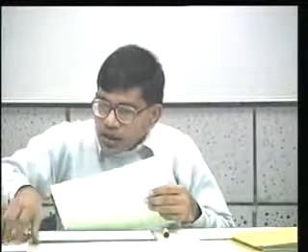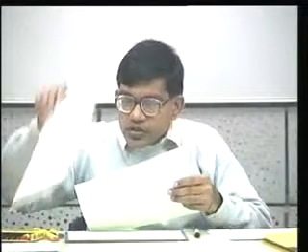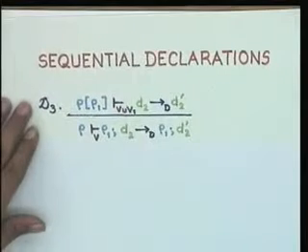And then lastly we have to know what is the effect of sequencing on declarations, and that is provided by this.